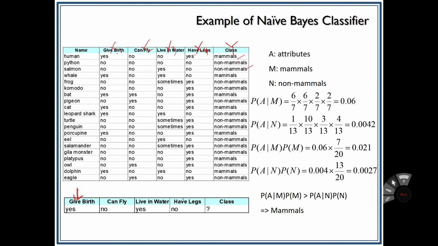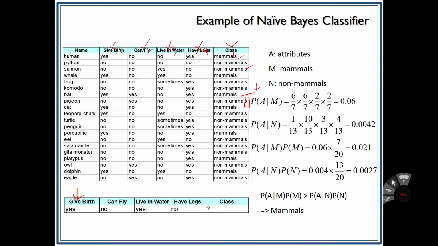So to use the naive-Bayes classifier, we have to find all necessary conditional probabilities, and here's the answer. This one is the product of the conditional probabilities, and this notation is simplified.